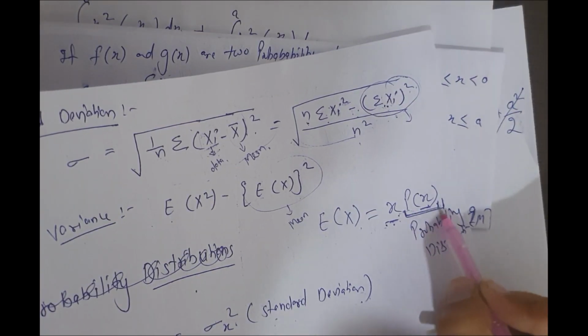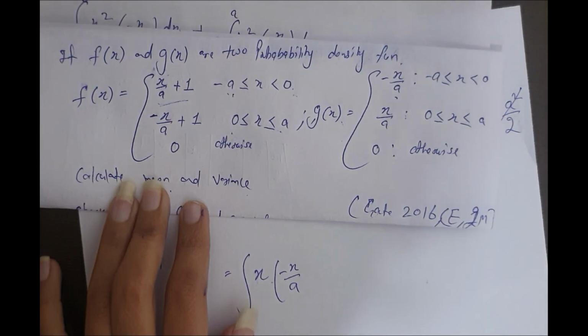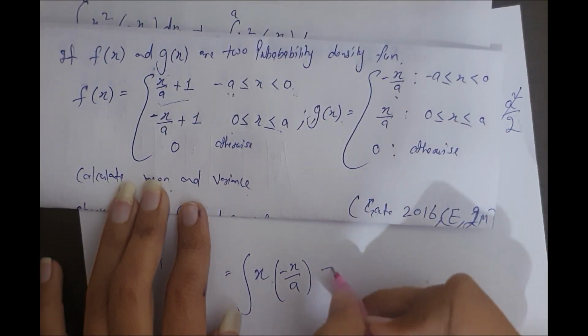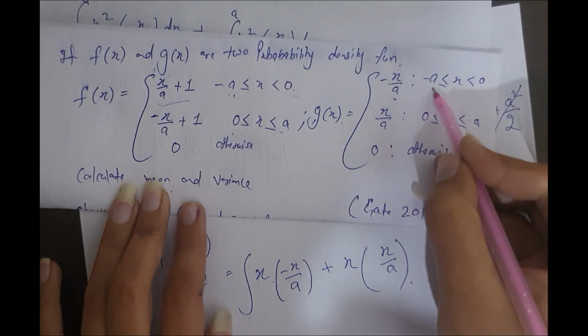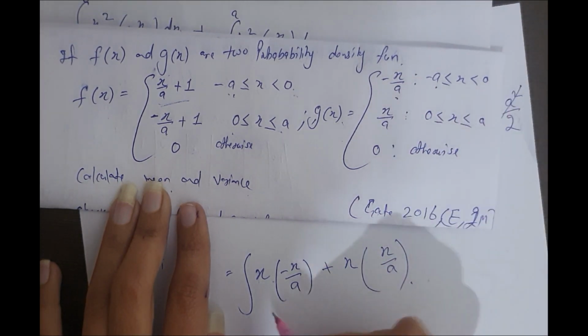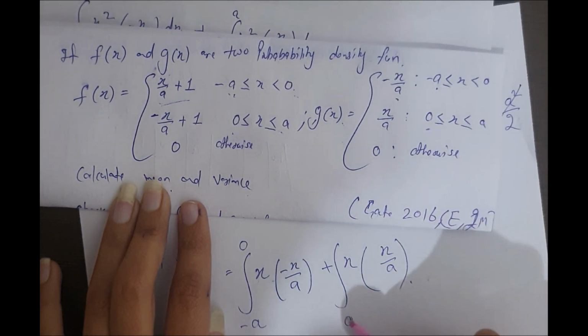Here in place of p(x), the function is there, so we are writing it to find the mean of a function, plus x. Here its limits are from minus a to 0 and from 0 to a.